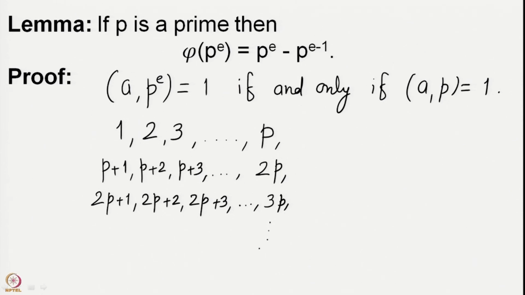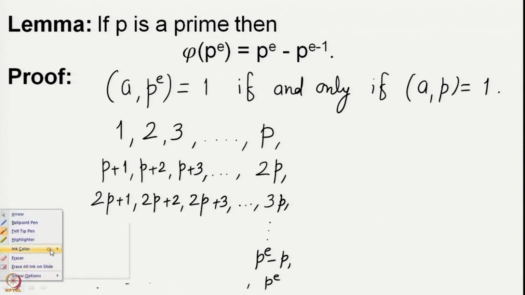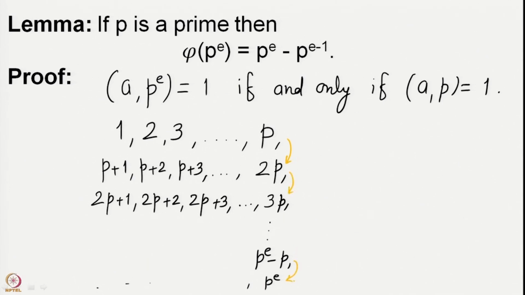The last one before p^e would be p^e minus p, and the last one would be the number p^e. At each stage we are adding p. We add p and get 2p, we add p and get 3p, so that here we will add p and get the number p^e.